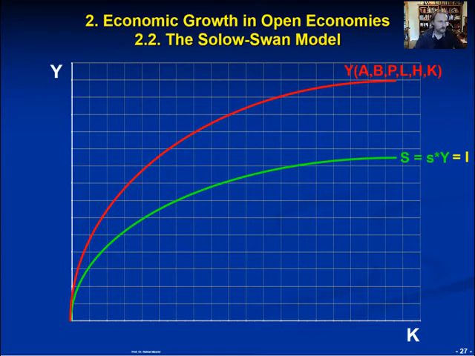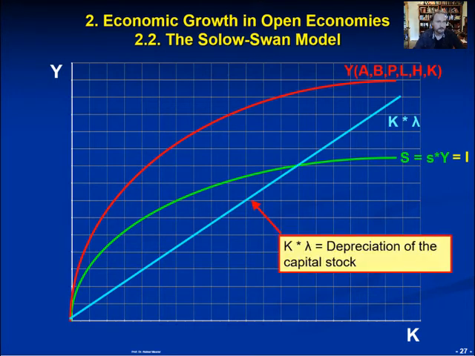Under the assumptions of the Solow-Swan model, the depreciation curve is typically such a straight line. The slope of this line is determined by the depreciation rate lambda. Lambda tells us how much in percent of the capital stock is consumed every year or every production period in the process of GDP production.